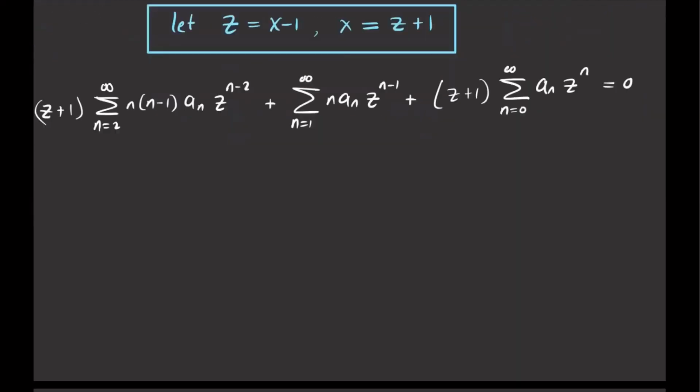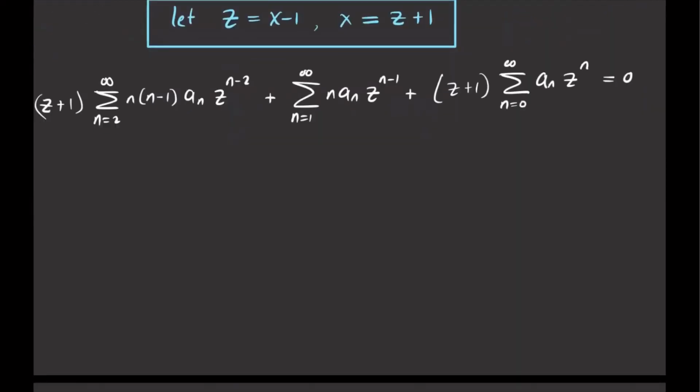Now let's continue on algebraically. So we're going to break the first summation, this one right here, into two pieces. We're going to distribute the sum to the z and then to the 1, so we're going to have two summations from that piece.